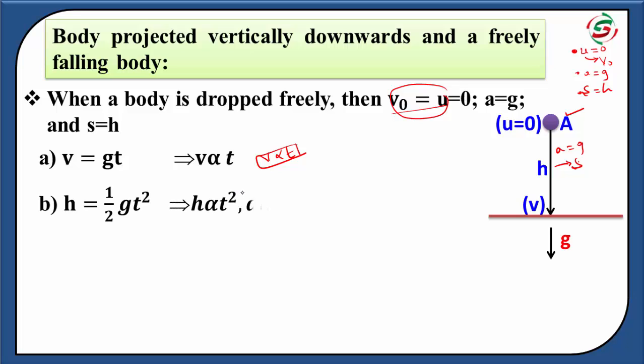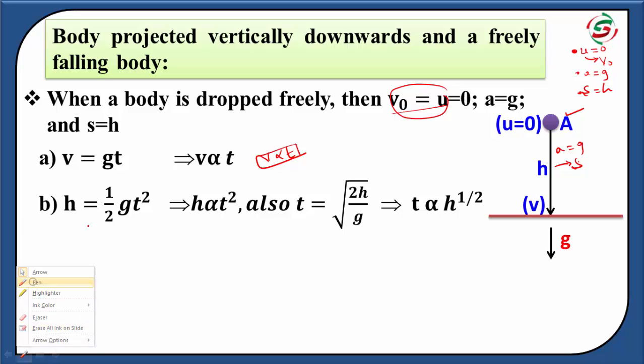For s equal to ut plus half at square, u becomes 0 because the body is initially at rest, so s equal to h equal to 0 plus 1 by 2, a equal to g, into t square.